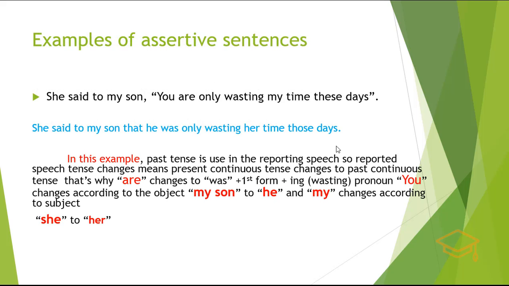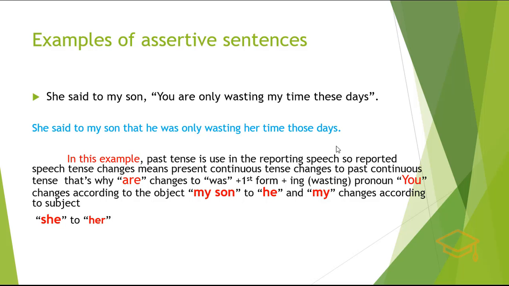For example, she said to my son, "You are only wasting my time these days." So the change: she said to my son that he was only wasting her time those days. In this example, past tense is used in the reporting speech. So in the reported speech the tense changes, meaning present continuous tense changes to past continuous tense.